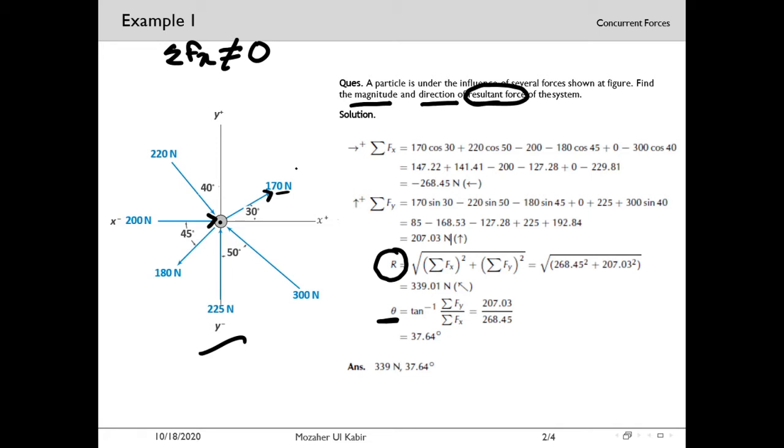If we consider this whole thing as a coordinate system, that means if this is our y coordinate, or y axis, and this is our x axis.